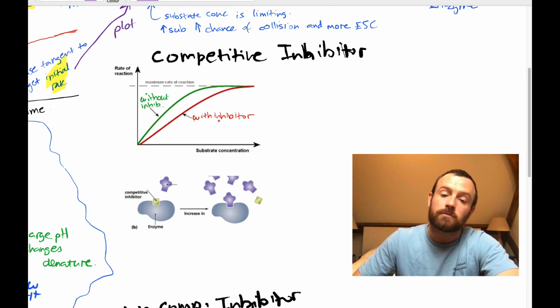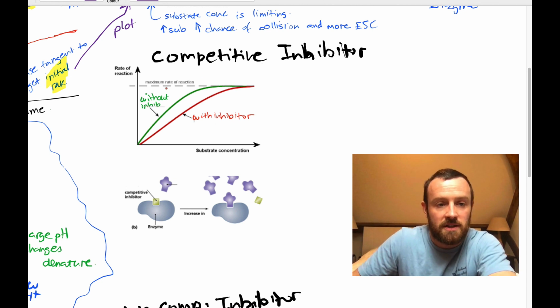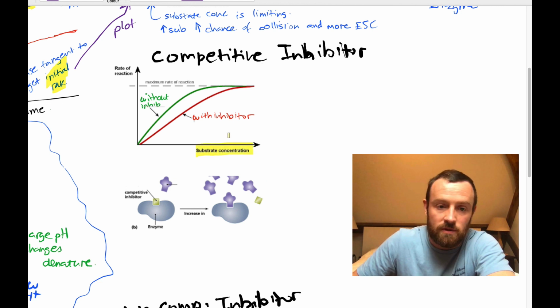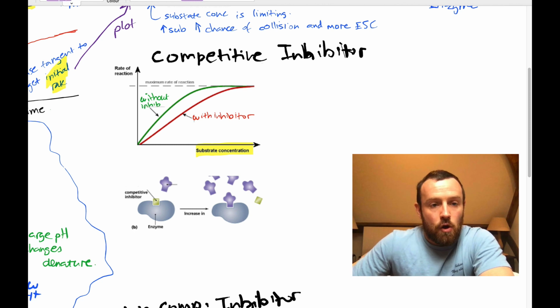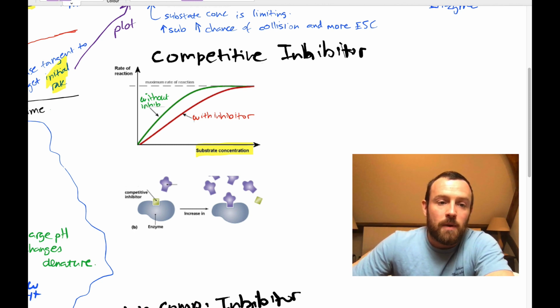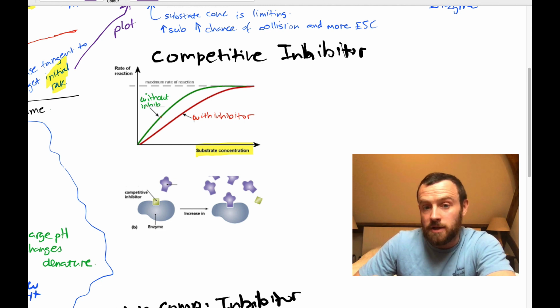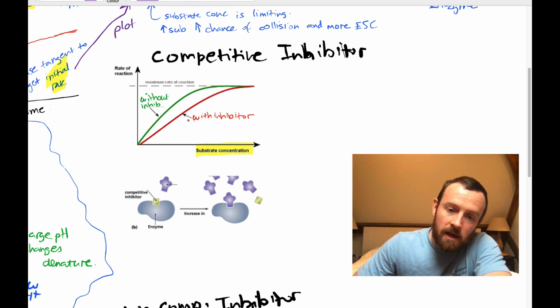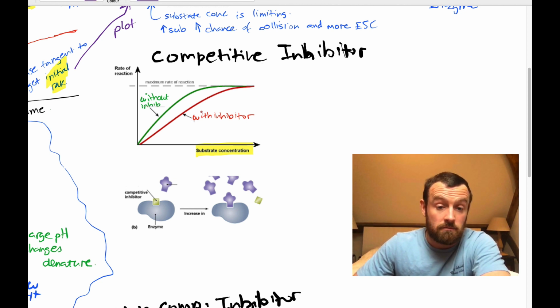With the inhibitor. Notice that on this x-axis down here, we're again looking at increasing substrate concentration. And again, this would be the initial rate of reaction. So what that means is when you add an inhibitor to the enzyme, and you do the same investigation we just did before, it basically brings the rate of reaction down.